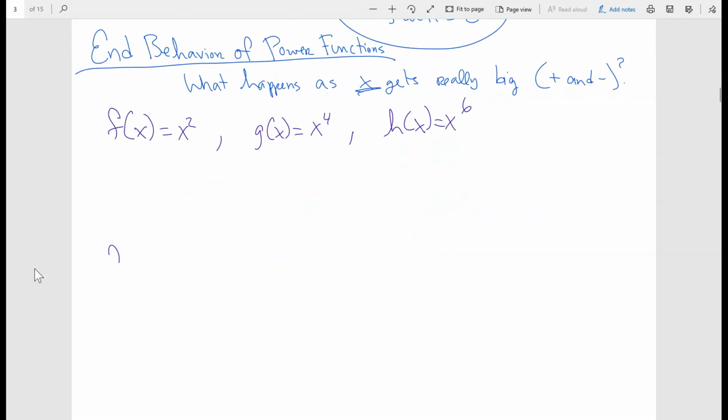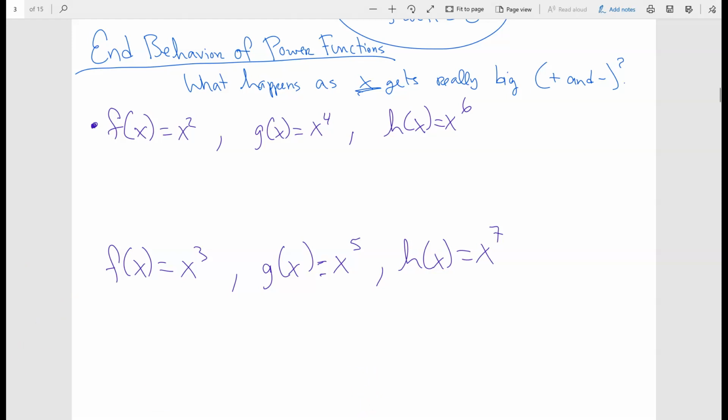And also later on, we'll take a look at what happens when you have odd powers. So let's start off first with the evens.